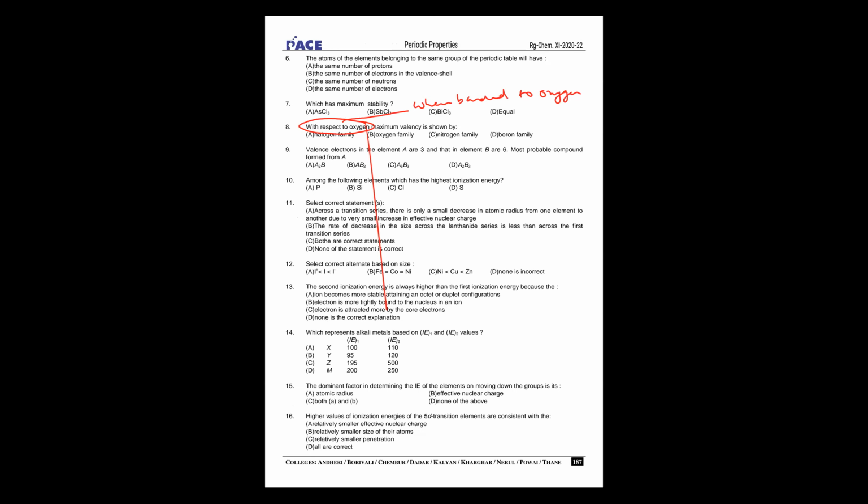Valency can be often related to the number of valence electrons. More is the number of valence electrons, more will be the valency. The maximum valency is often equal to the number of valence electrons. Number of outermost electrons is maximum for the halogen family. Halogens have 7 valence electrons. इसका आंसर आ जाएगा halogen family. Maximum valency with respect to oxygen is shown by the halogen family.